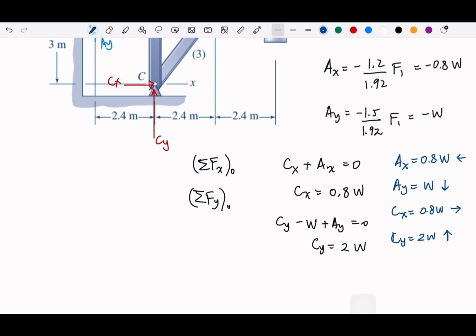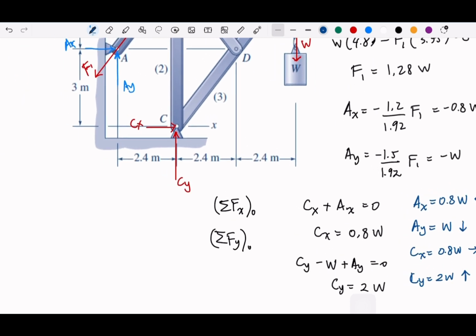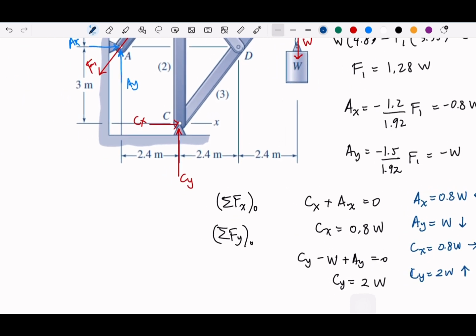Okay, since we have the F1 already, the other two forces that we need to know are F2 and F3. F2 and F3 are both at the intersection at point C. So I think we can localize this and describe it in one diagram.